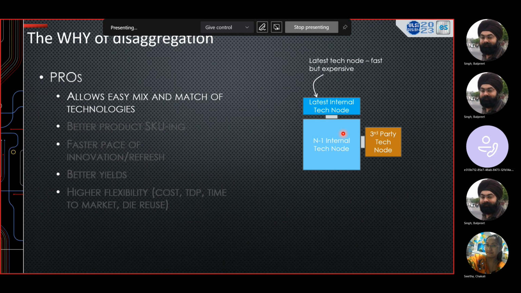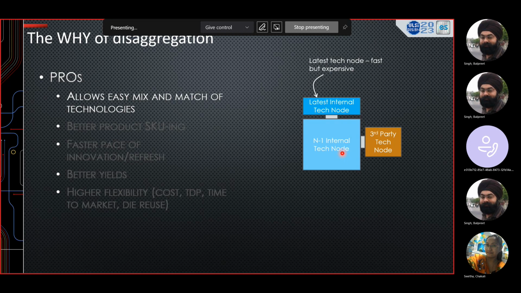But the rest of the part, the SoC part or some of the IOs, maybe it doesn't make sense to put all of that in the N technology and pay for the latest generation technology. So you might want to partition your entire solution in a way that you can put the not so key part in your N-1 technology node, while the cores or the graphics you put in the N, the latest and greatest generation.